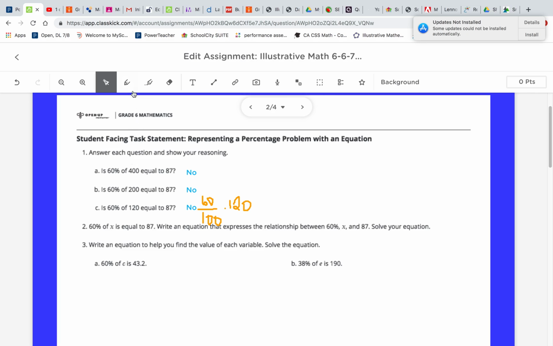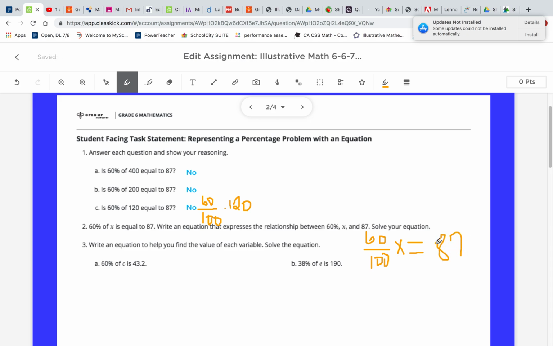So it's going to be 60 over 100 times x. We don't know what x is just yet, but it's going to be times x. And notice this x does not mean times. This x is the actual x that they mentioned here. And it says that it is equal to, so I'm going to put an equal sign, 87.